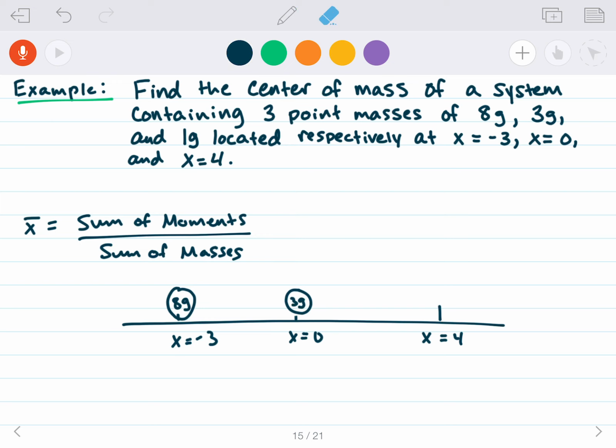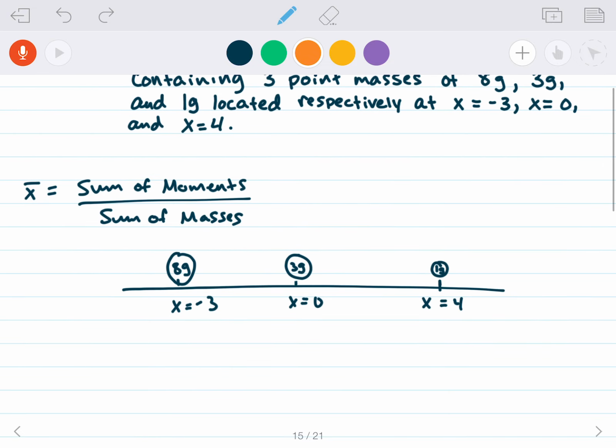And then at x equals 4, we have 1 gram. So what can we expect here? Well, the center of mass is going to tend towards the more heavy object. So we expect the center of mass to be in this region, right? That's what we're expecting. So let's actually do the calculation now.